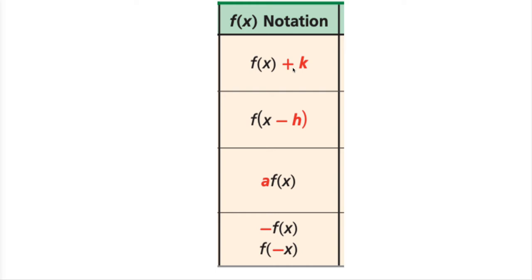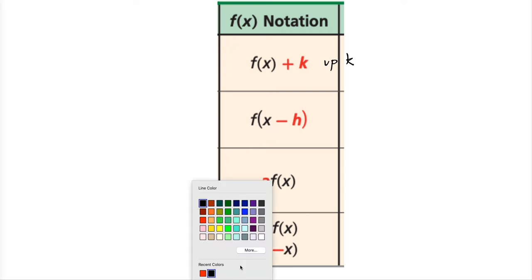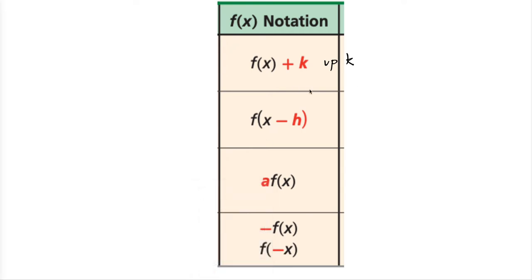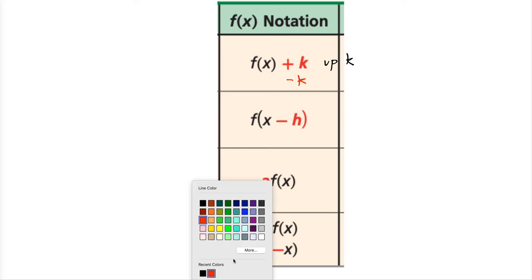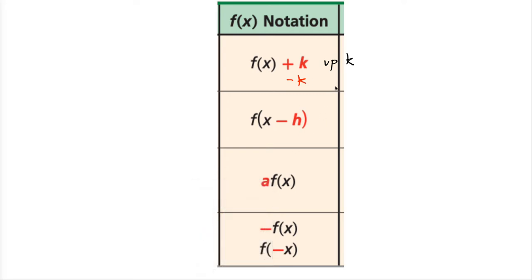If you have a plus number on the outside, that moves it up. If you have a minus number on the outside, that would move it down. We've taken these notes about 3 times by now, so I know you have them somewhere, and that's fine. We'll just put them on here so you have them consolidated.